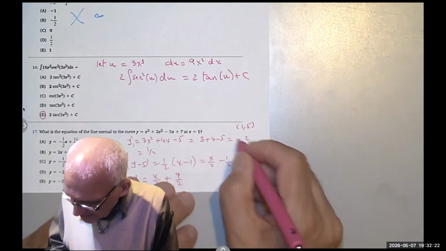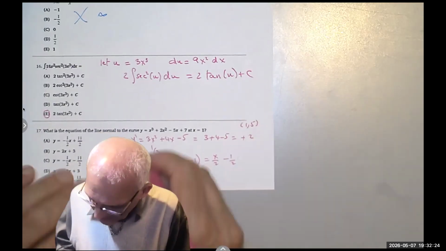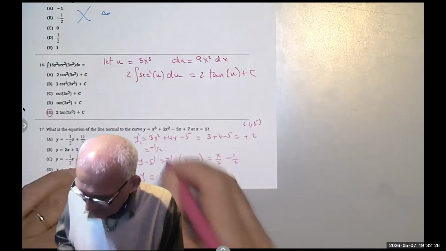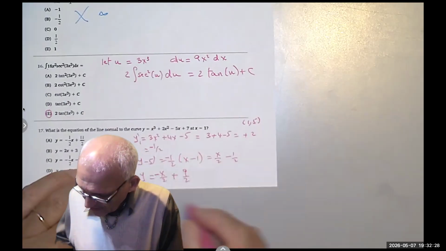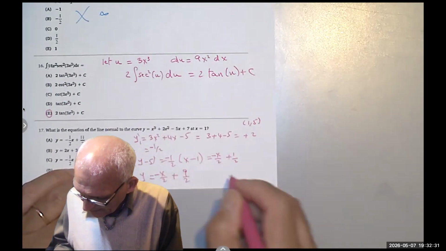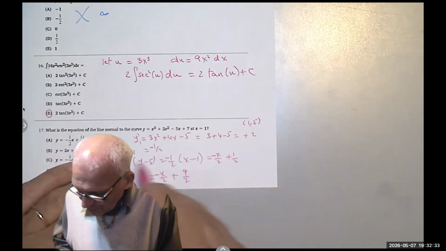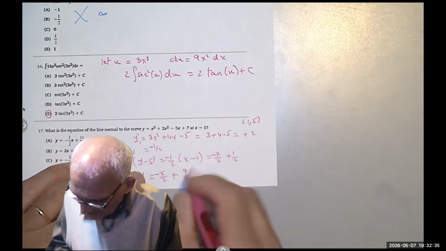No, this is 2, not negative 2. I'm sorry. So that should be negative 1/2, and that would be positive 1/2. So when you add 5, which is 10 halves, plus 1/2 is 11 halves.